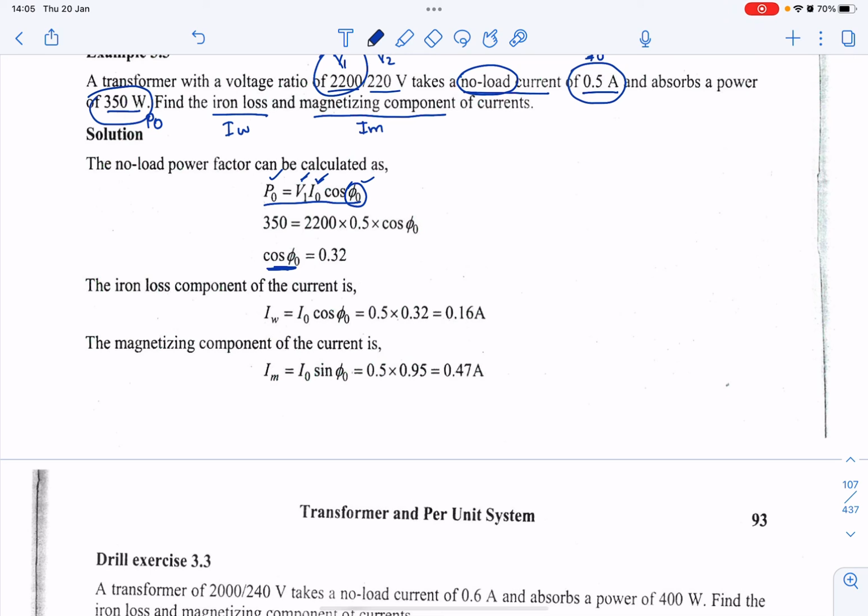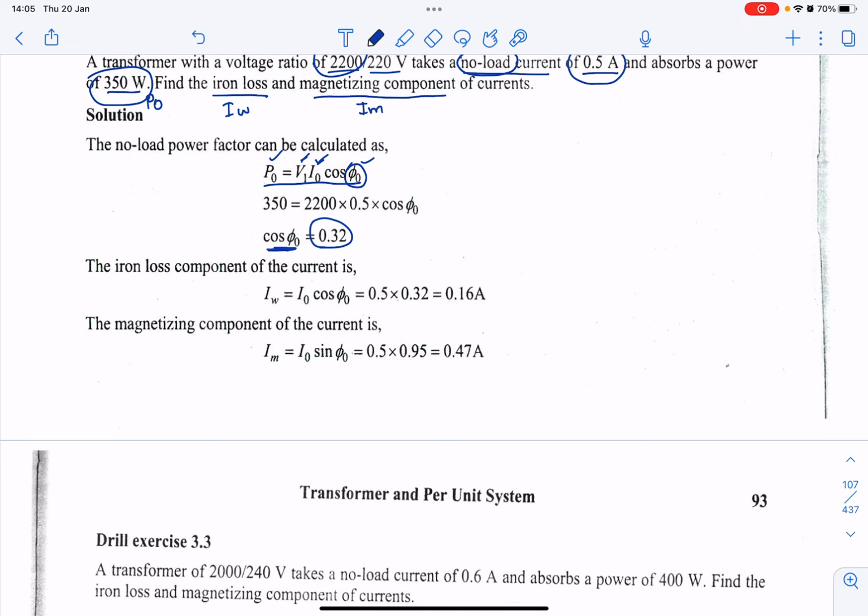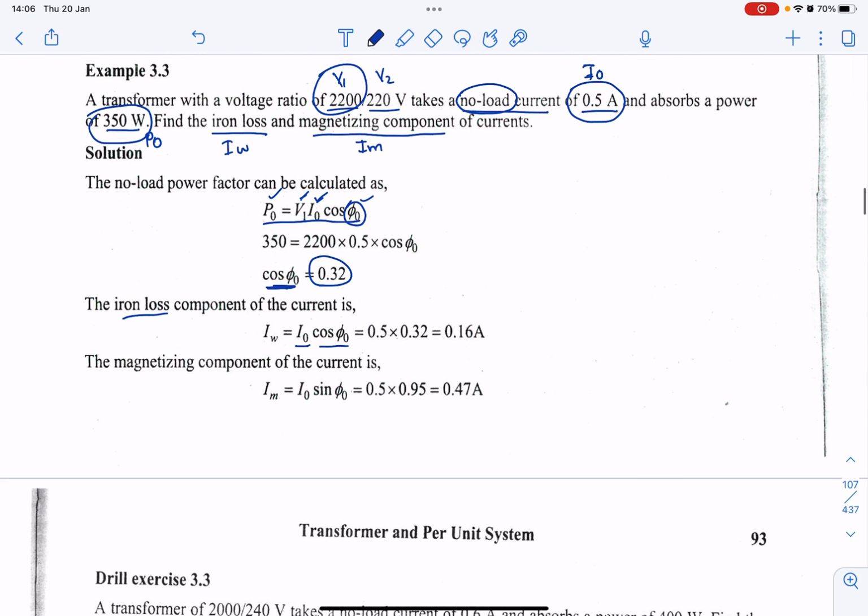So cos phi naught, in the end, you can get 0.32. So to calculate the iron loss, Iw is equal to I naught cos phi naught. Since I naught is given, which is 0.5 ampere, you can put into the equation 0.5 times 0.32, which from this point, you get 0.16 ampere.